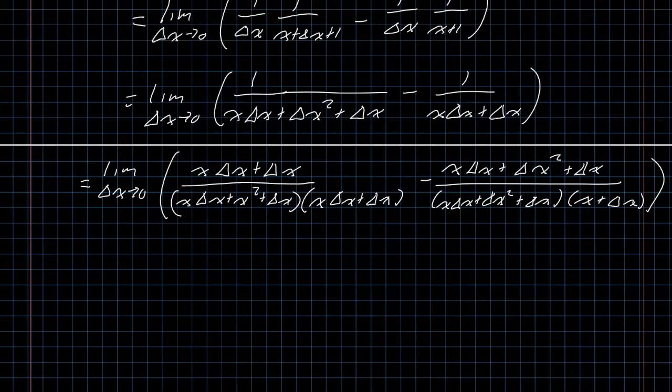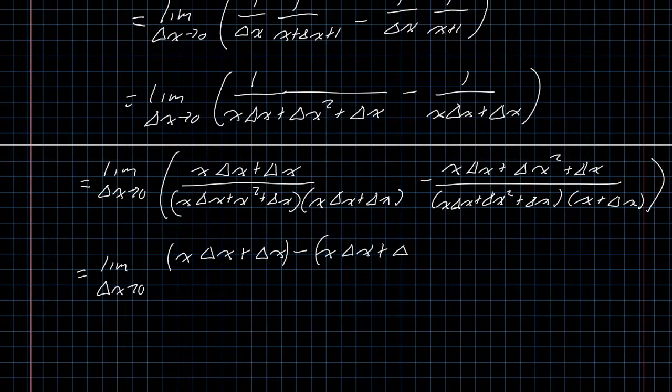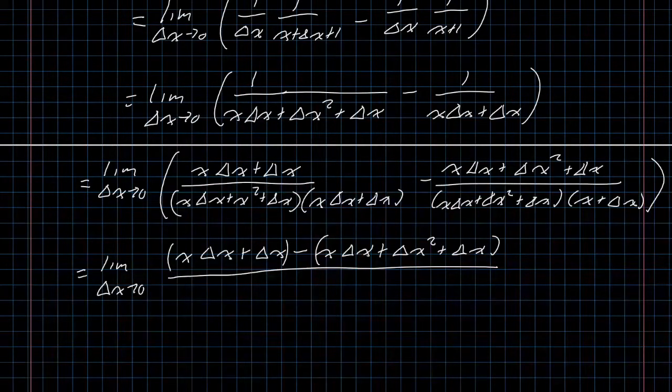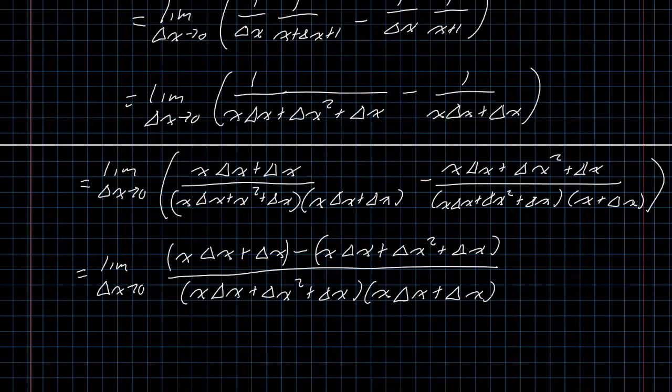And it's really easy to make stupid mistakes here because there is so much going on. But you should end up with x delta x plus delta x minus x delta x plus delta x squared plus delta x, all over x delta x plus delta x squared plus delta x times x delta x plus delta x.